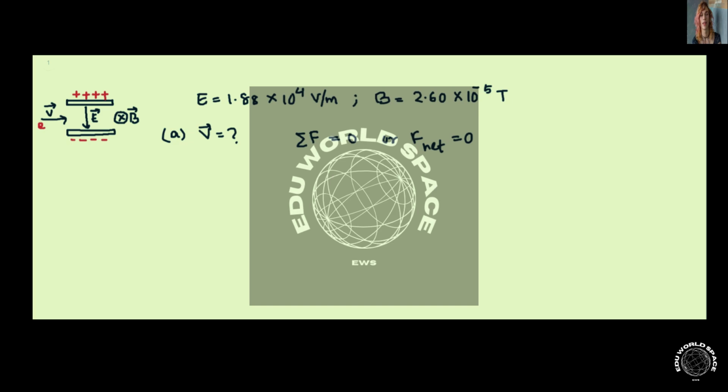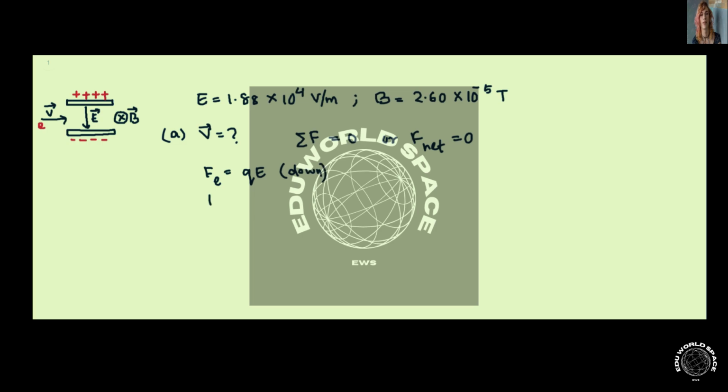Now let's see what forces are acting on the electrons here. First we have the electric force, which is Q times E, and this is along the direction of the electric field, and since this is downward, this force is down.